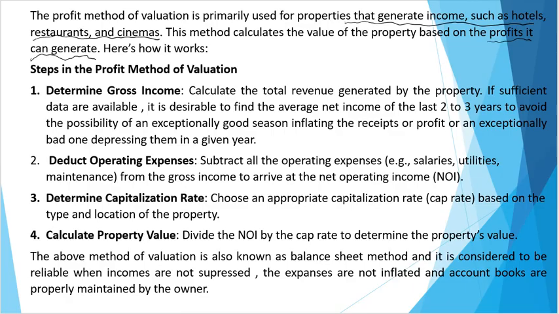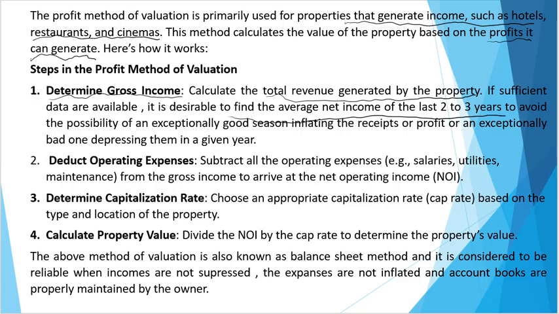How does it work? First we will determine the gross income. So we will calculate the total revenue generated from the business being run in the property. But we will not take a single year's income. We will try to find the average net income of the last 2 to 3 years.